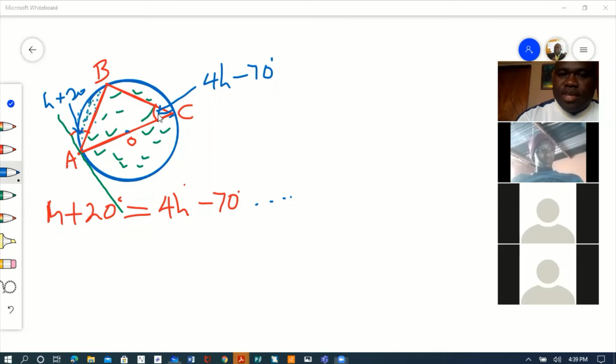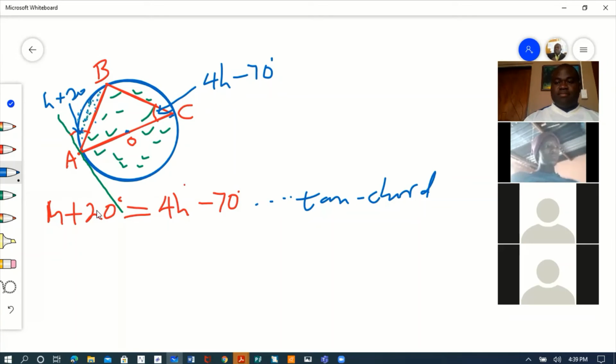Guys, we are running out of time. So if the reason is tan chord, then we should be able to solve for H. You see? Yes, sir. So what should I do in this case? Transpose. Transpose H to the 4H, and the 20.